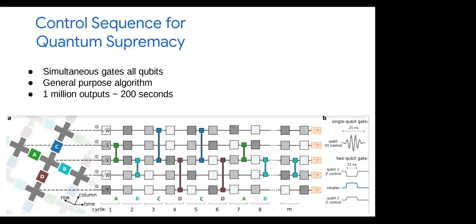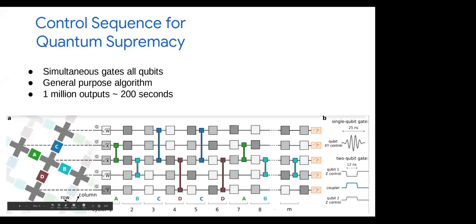And then we repeat these cross-entropy cycles, applying 2 qubit gates among different pairs of qubits, up to some depth m, which is normally 14 for most of the circuits, but in the supremacy circuits and the hardest circuits that we perform experimentally, we actually did depth 20 of these cross-entropy cycles, so actually 40 cycles of gates, so 20 cycles of single qubit gates and 20 cycles of 2 qubit gates.